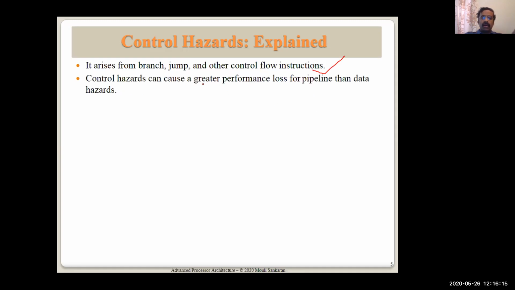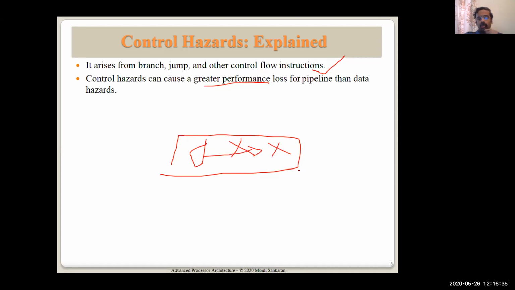Control hazard can cause a greater performance loss. See, in data hazard, the hazard was causing a delay in the execution, but it was not making the whole pipeline be flushed. It was only delaying some execution, but it was continuing to go through.